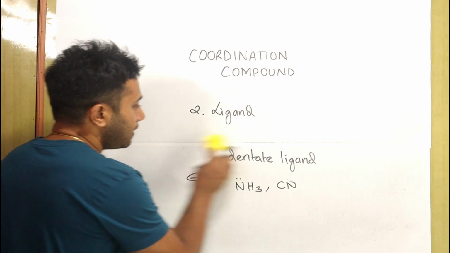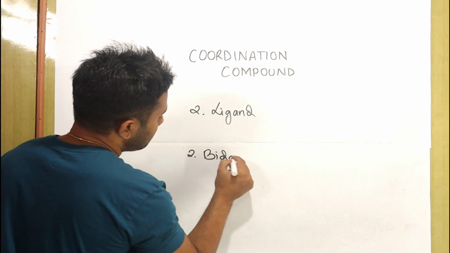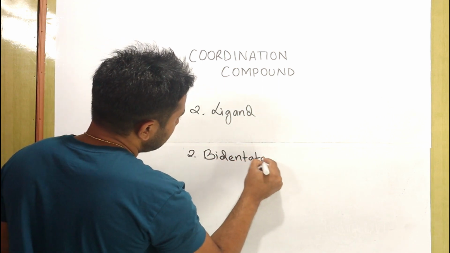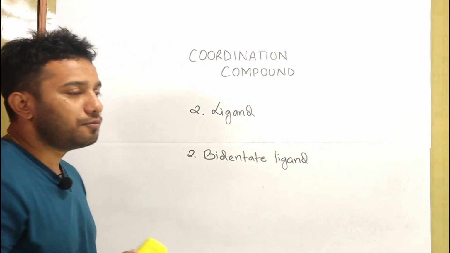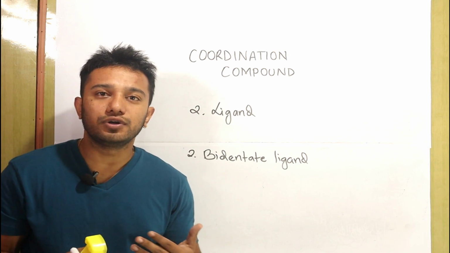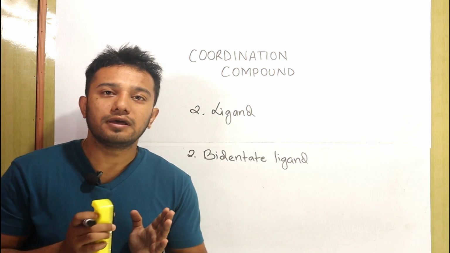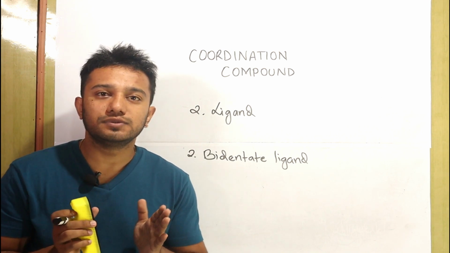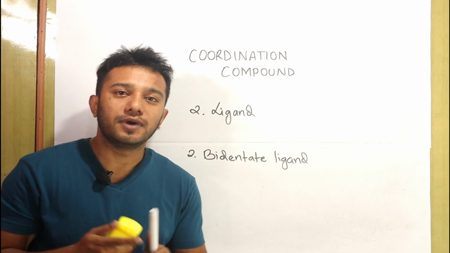So second we have bidentate ligand. Bidentate ligands are those ligands which can make a coordination bond with the metal ion using 2 donor atoms. They will have 2 donor atoms and both donor atoms will make a coordination bond with the metal ion.